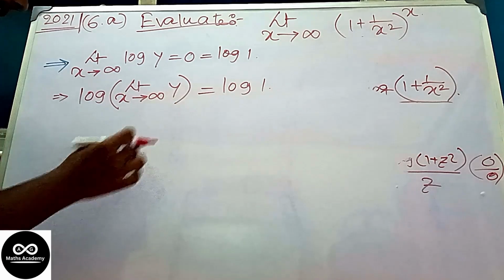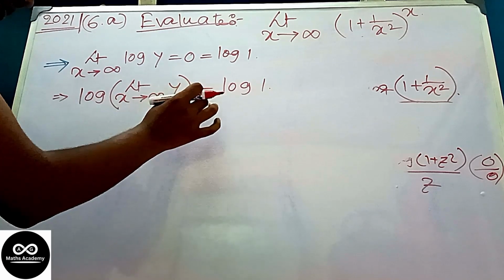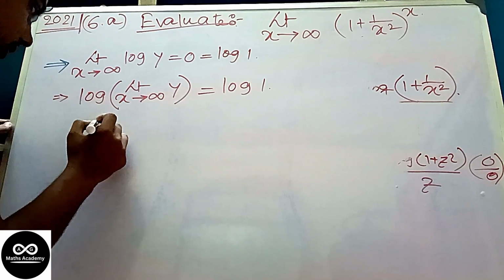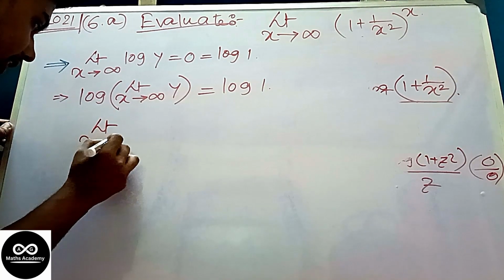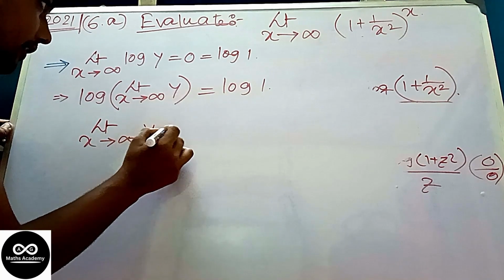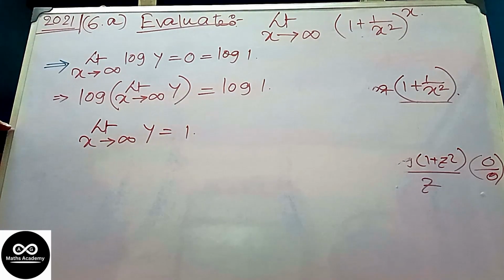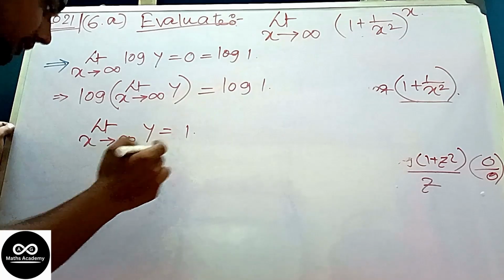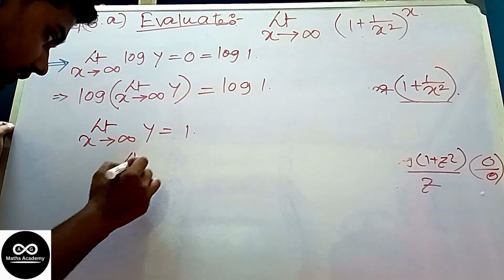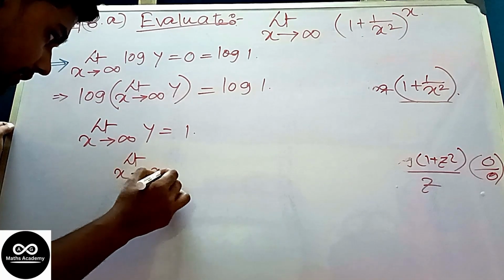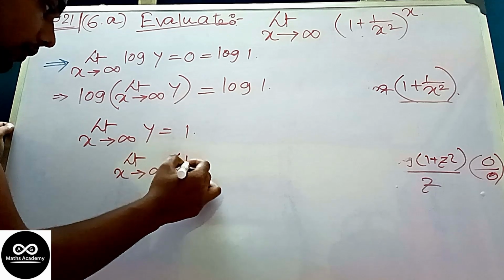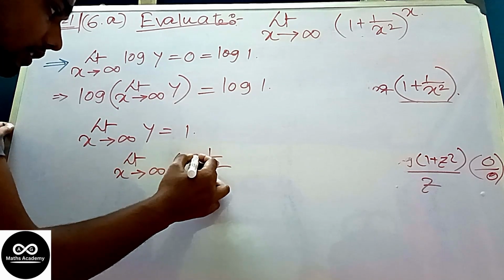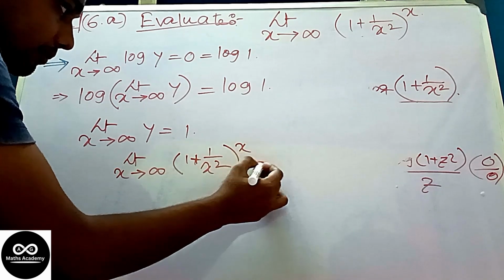So log of this equal to log of 1, so this becomes 1. Limit x tends to infinity y equal to 1, and y is our function, so limit x tends to infinity 1 plus 1 by x square whole to the power x becomes 1.